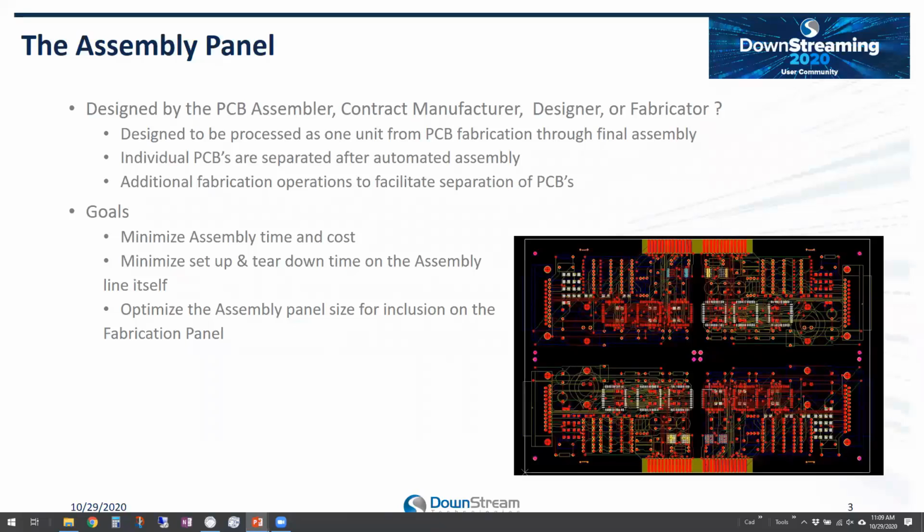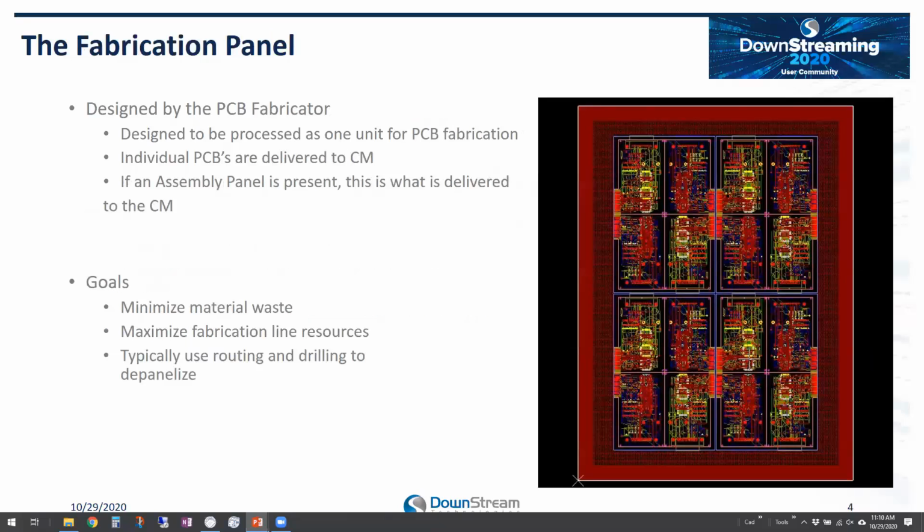So our goals with an assembly panel, of course, is to minimize the assembly time and cost. That's always a big one. And it reduces the setup and teardown time on the assembly line. And what we want to think about is optimizing the assembly panel for inclusion on the fabrication panel. So look at that again.